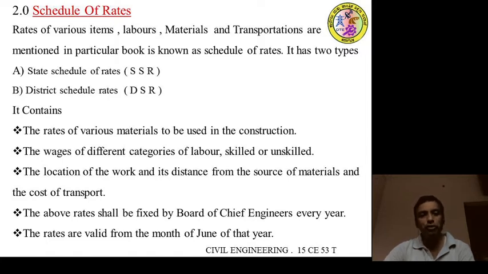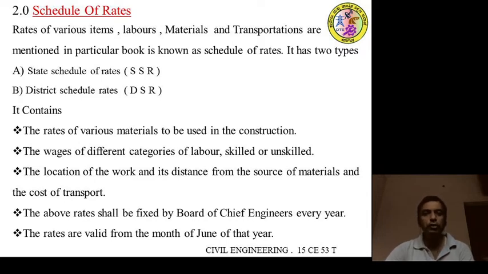The wages mean the payment given to the labor in a day. For example, for the mason category, it will give the wages of the mason per day in the schedule of rates.